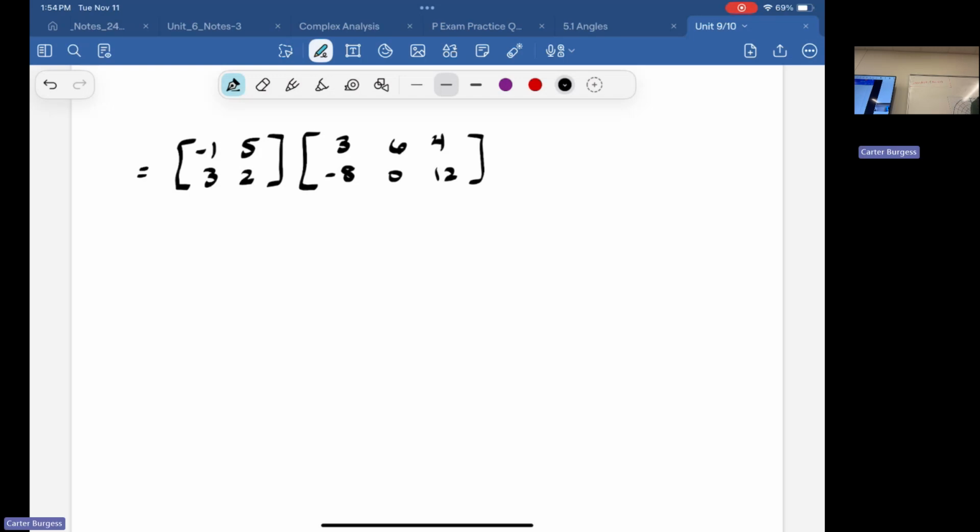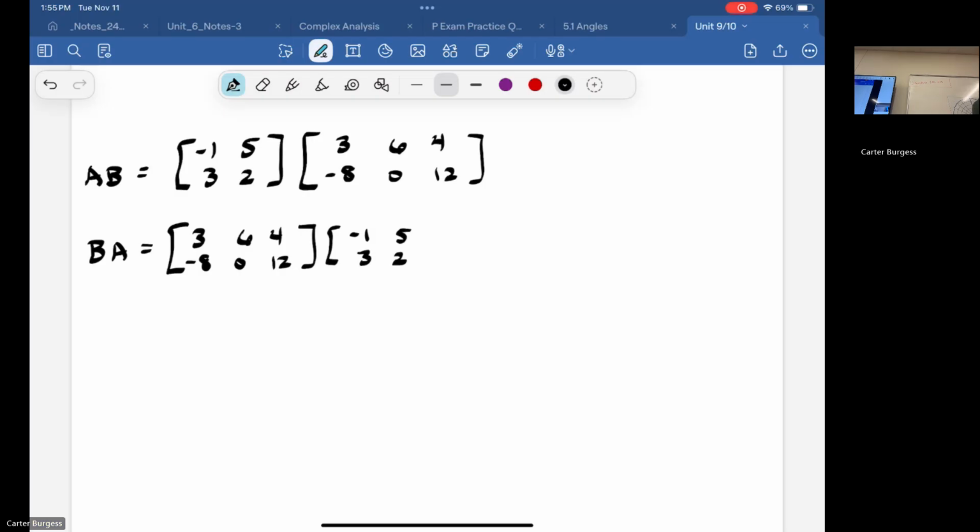And so this is AB. BA, which is the same thing but reversed. So 3, 6, 4, 8, 0, 12 times -1, 5, B, 2.